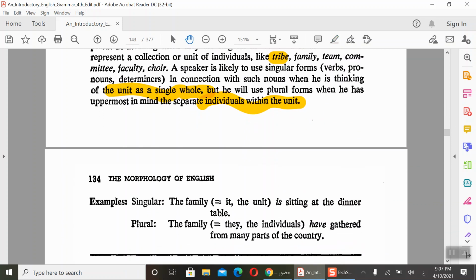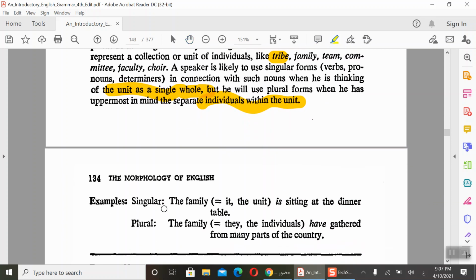For example, here, the family is sitting. You see here we use is, so the family is singular, as one unit, sitting at the dinner table. It means all the family. Or the family, plural here, have gathered from many parts of the country.